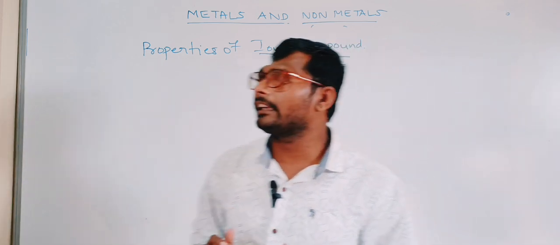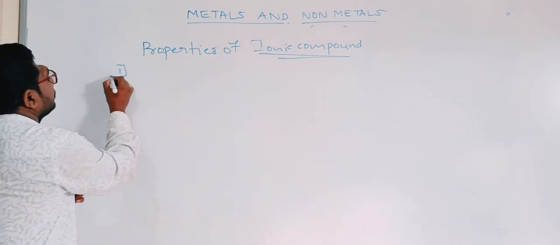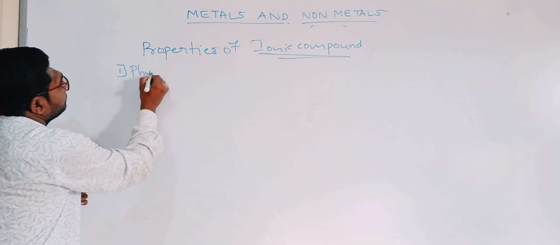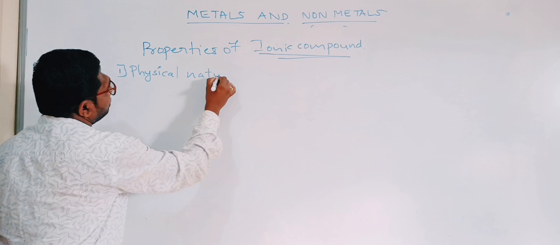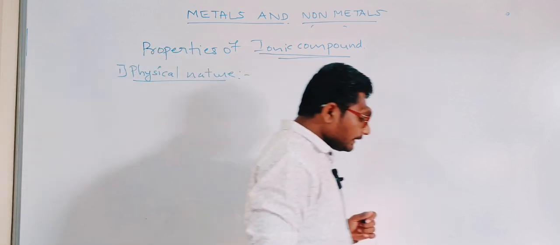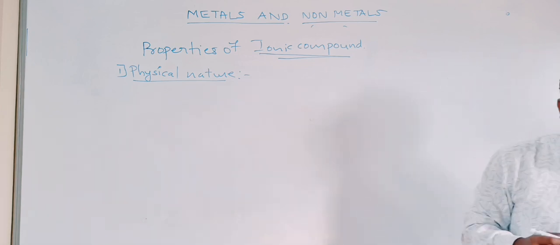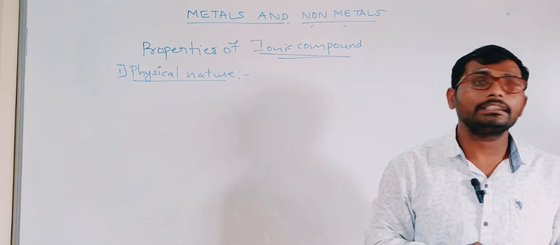Properties of the ionic compound, taking the first point: physical nature. Physical nature means almost all ionic compounds are solid and hard in nature.